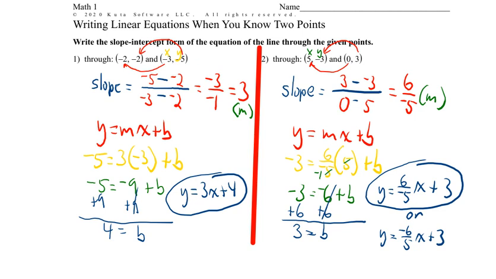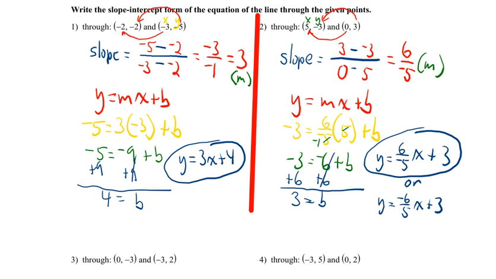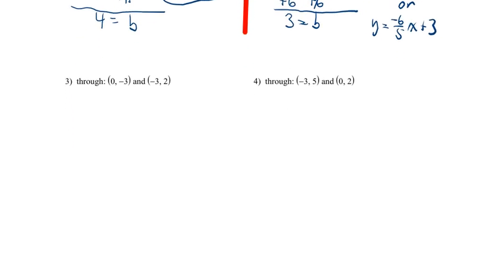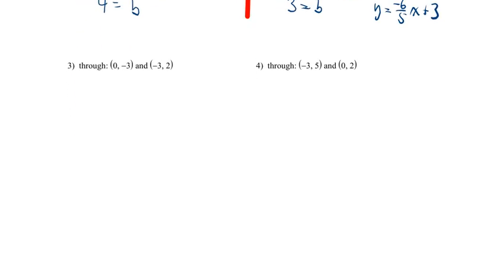This is a lot of steps, so let's do one more time. Does anybody want me to wait? No? Okay. All right, let's do 2 more examples. All right, so the first thing we do is find the slope.